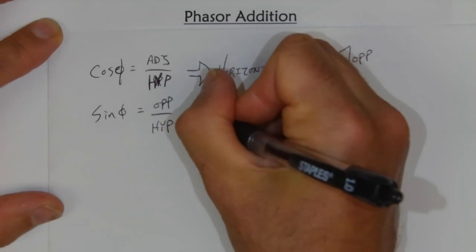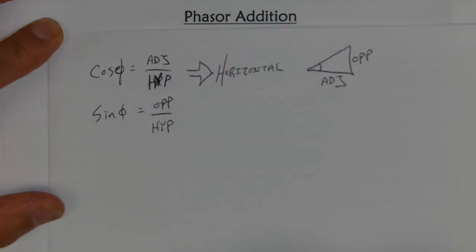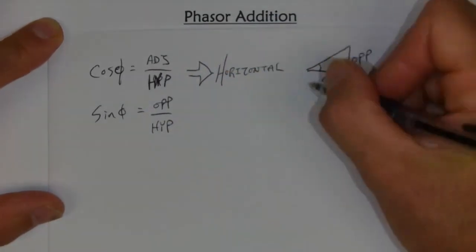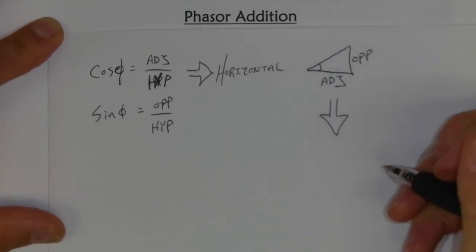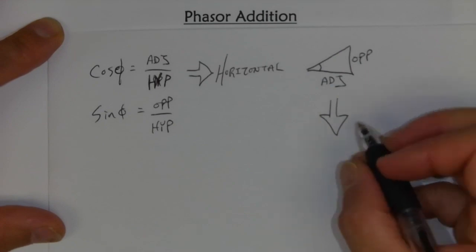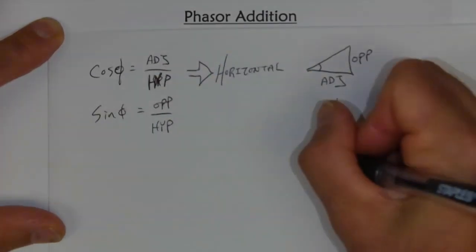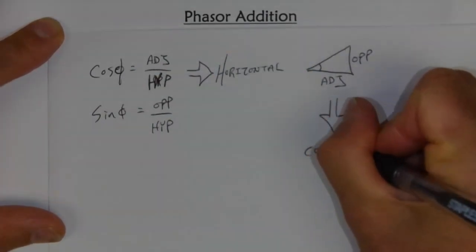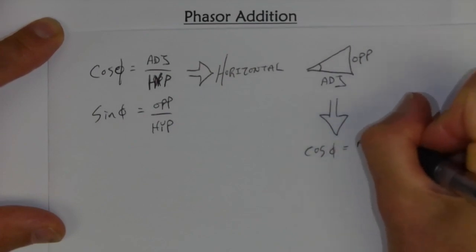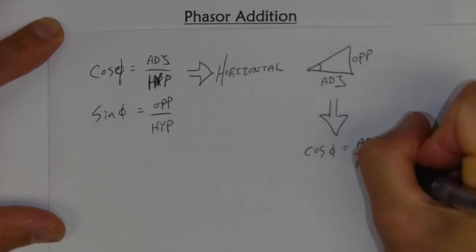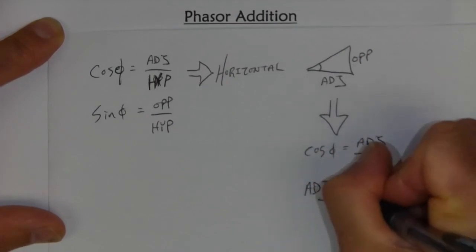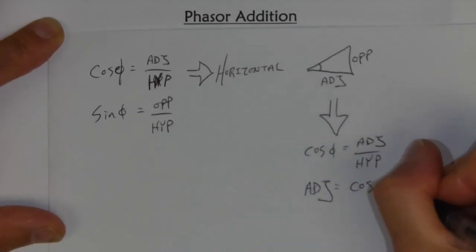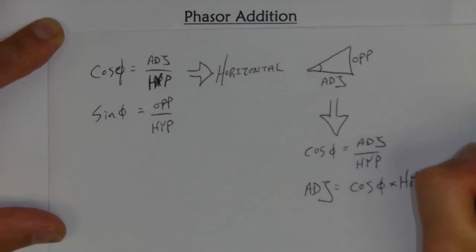When we're doing our sine, that's going to use a different form, right? So in order to get this, we need to take our formula, which is cos theta equals adjacent over hypotenuse, and adjust it for this. Adjacent is equal to cos theta times hypotenuse.